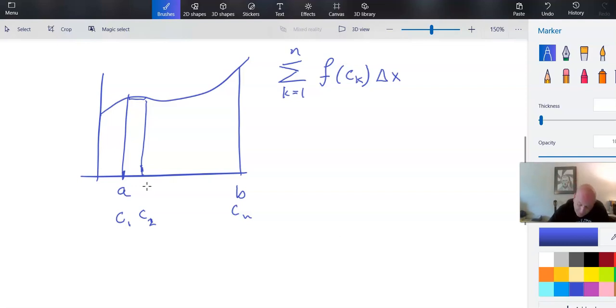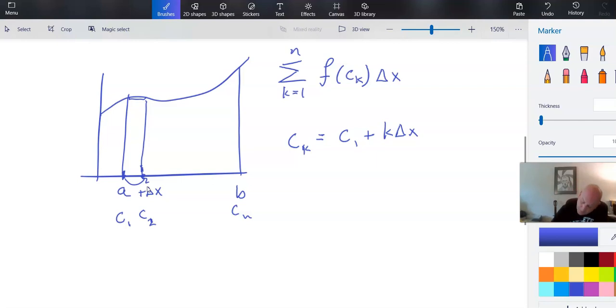So now if I look at these evaluation points, what's really happening when I find an evaluation point is I find my first evaluation point, C1, and then what I add to it is delta x, right? Because if I start here, if I want to get to the next point, I have to add delta x to it. To get from here to here, that's plus delta x. So it's C1 plus k times delta x.